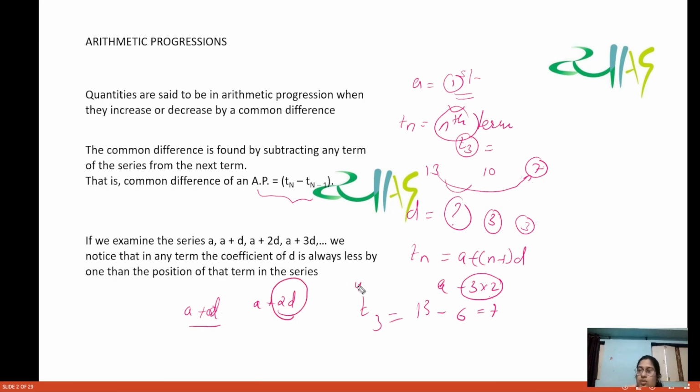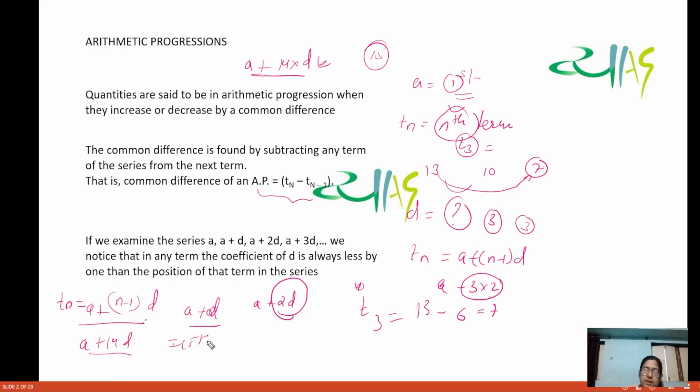For example, if you need to find the 15th term of AP, you will have the first number and then subtract 1 from 15, so you have 14 into D. So you don't have to put n minus 1 into D and all those things. Just register in your mind that if you want to find the nth term of AP, just multiply the common difference n minus 1 times and add this. So A plus 14D is basically the 15th term of AP.